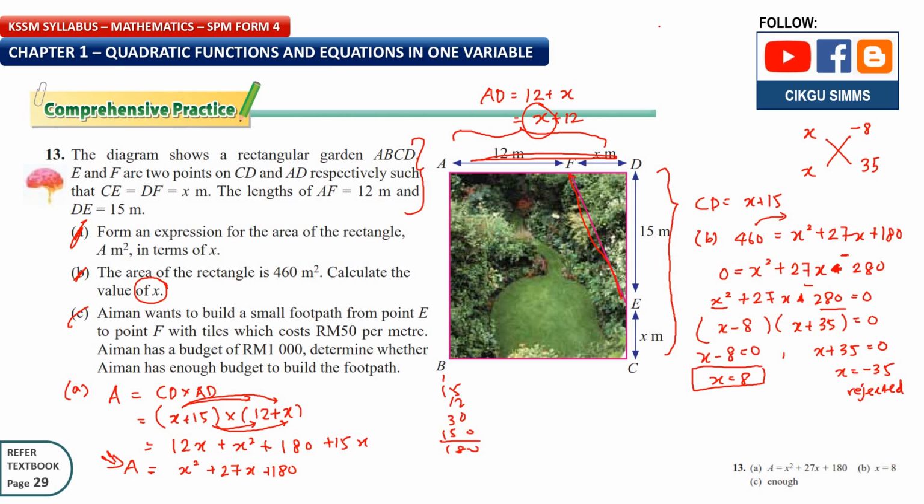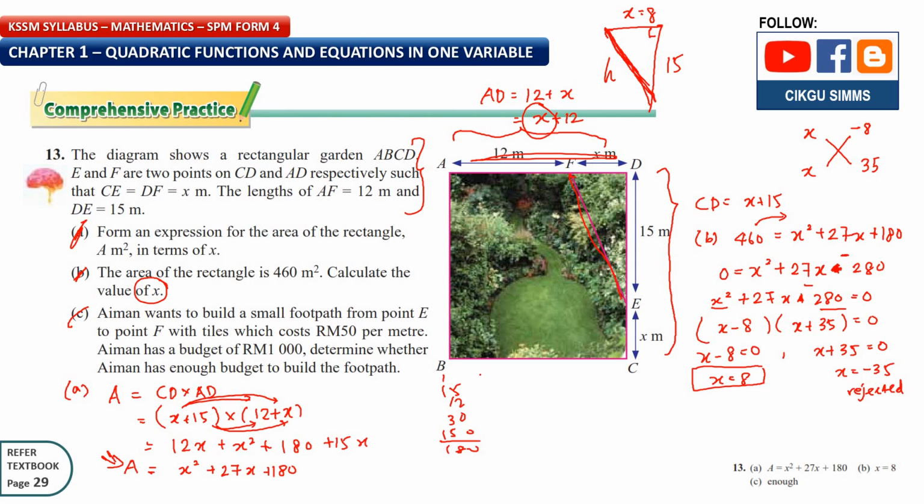So I redraw the triangle. This is 90 degrees. This is my x, which is 8. This is my length, which is 15. I need to find the length of this. So by referring to the same formula from question 12, this length, I give it a symbol h. h squared is 8 squared plus 15 squared.